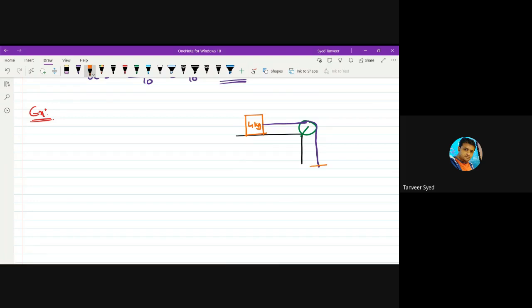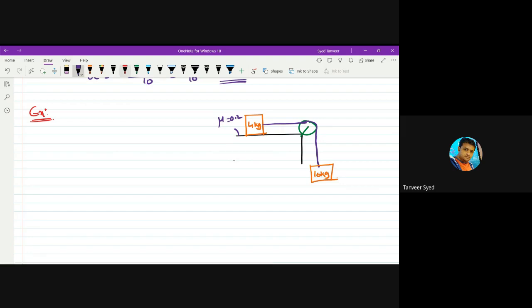And to the other end of the string, another block of mass 10 kg is suspended. And this is a rough surface with coefficient of friction 0.2.